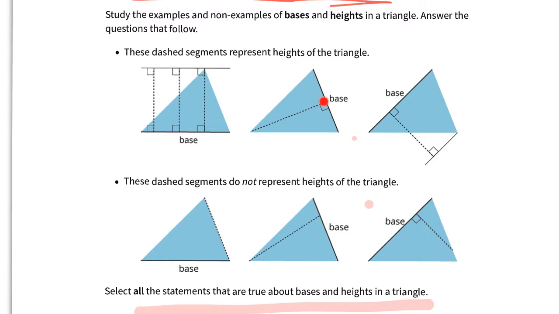And then here's your base, and here's one height, and it happens to be going through the vertex, but does it always have to go through the vertex, that corner? No, because these aren't going through the corner. And here's a base, and here's the height. It's not going through a corner, and you can slide this line.